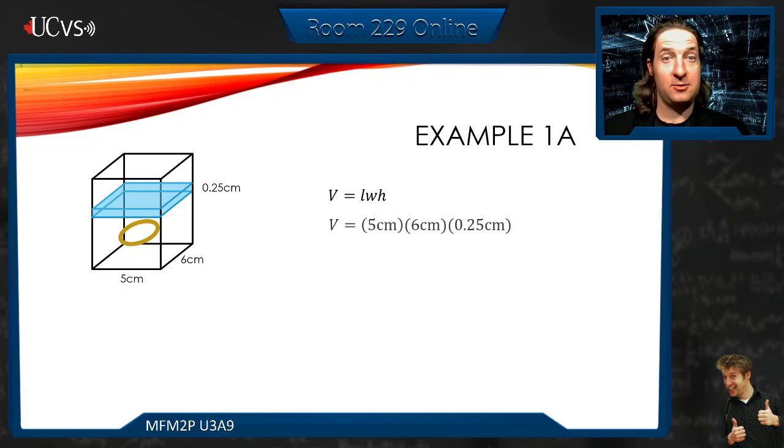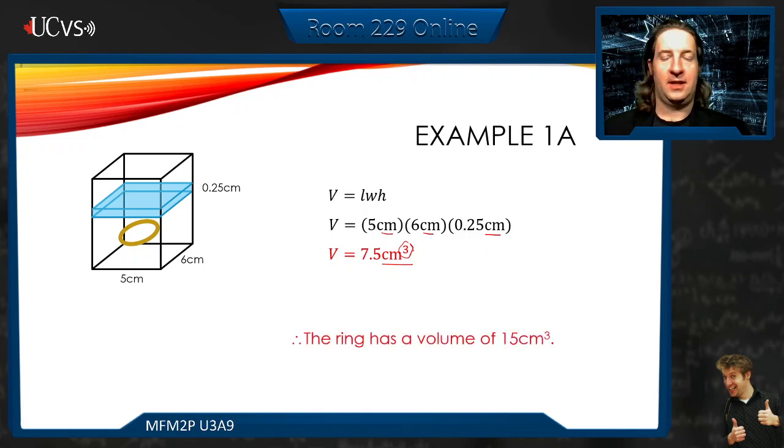So let's plug those numbers in. 5 centimeters times 6 centimeters times 0.25 centimeters gives us an answer of 7.5. Now this is important, centimeters cubed, right? I had 1, 2, 3 centimeters, so my answer is centimeters cubed. And because this was a word problem, always word answers, right?